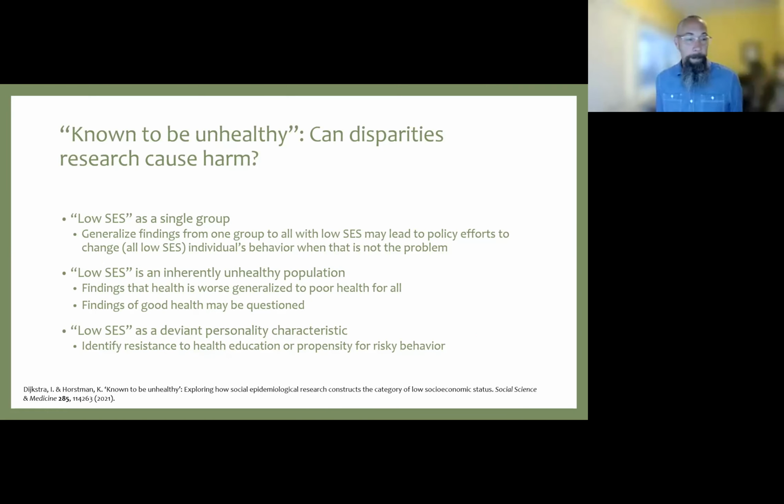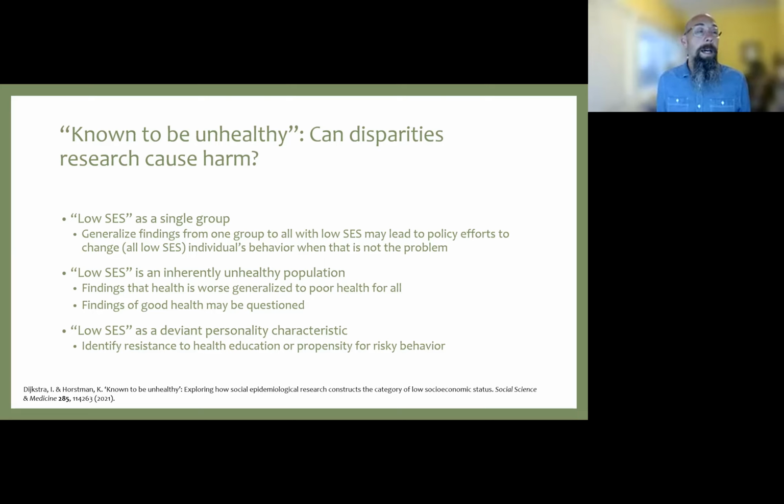This is another paper. It's called Known to be Unhealthy, and it looked at the development of the concept of low socioeconomic status in social epidemiology in Europe, and the ways that research and then policy reaction to research maybe caused harm. There were three patterns across many epi papers.